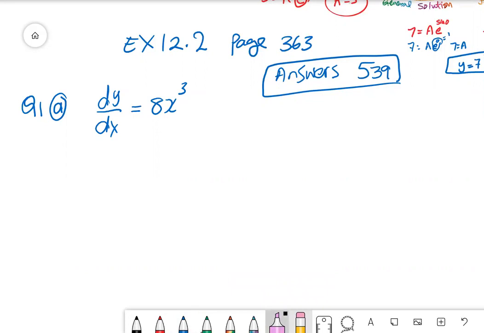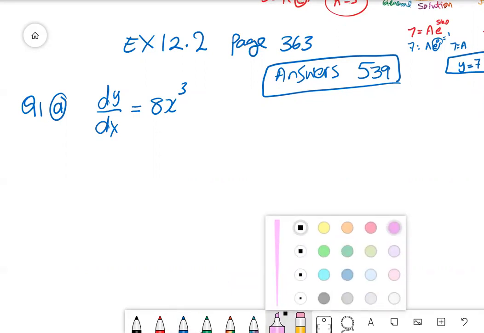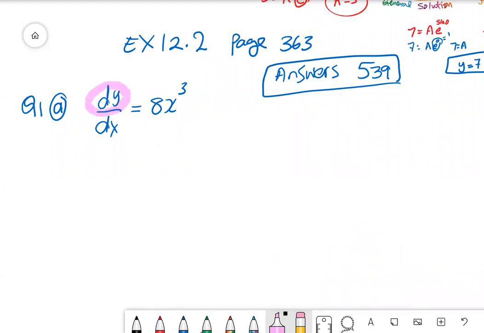We have dy by itself on one side, and 8x cubed on the other side with no dx. So all we need to do is multiply both sides by dx.